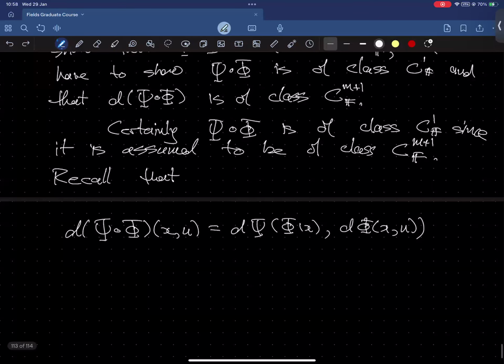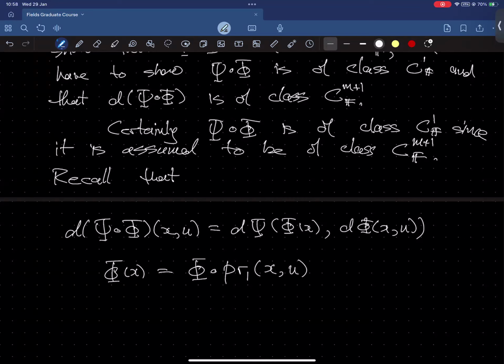So let's write. Notice that phi of x is phi composed with PR1, the projection onto the first factor of this thing.